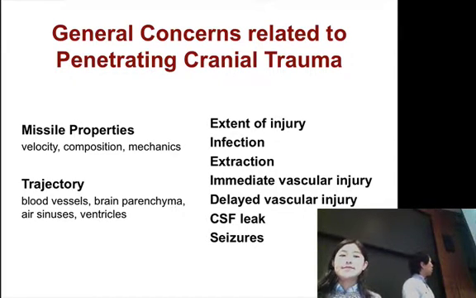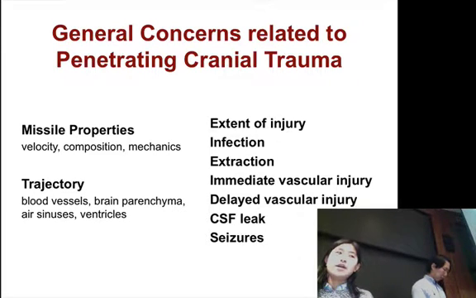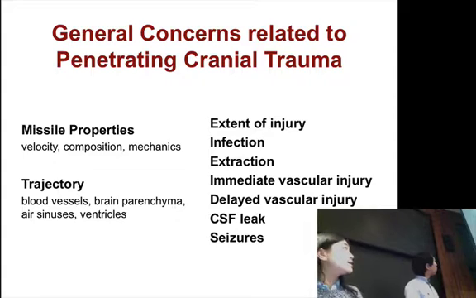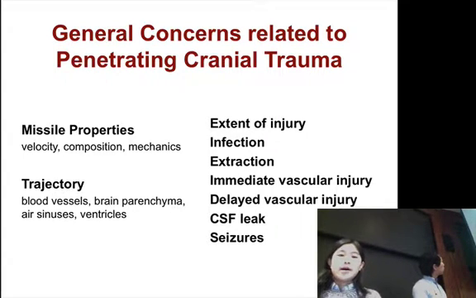In our case, very fortunately, the velocity of the nail was not too fast, and the concussive wave did not influence the carotid sinus.